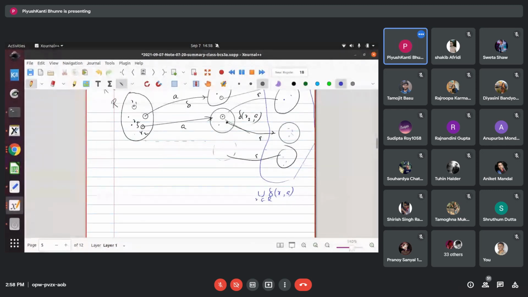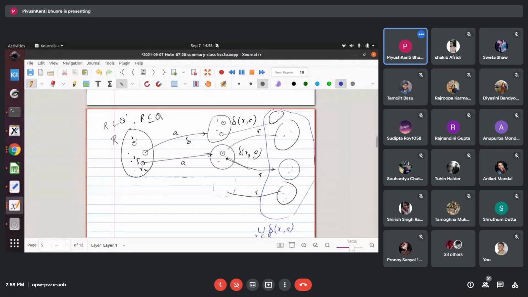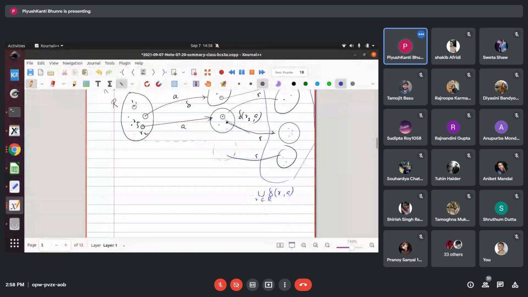So first you perform all the moves by using the definition that is given in the NFA. And after reaching those states, you look at whether we can reach another state by epsilon moves. So this is nothing but the epsilon closure.